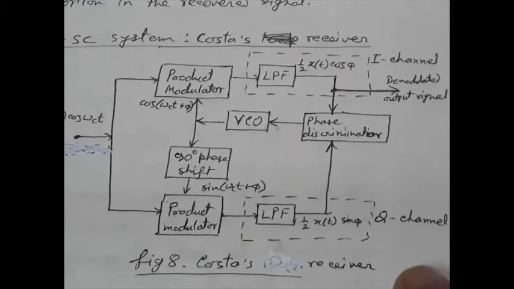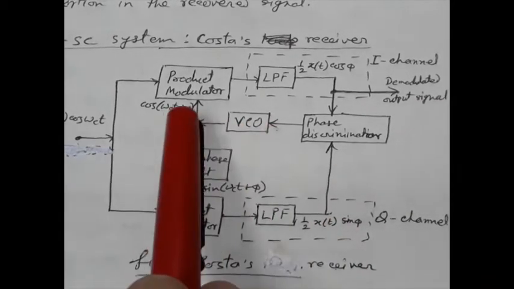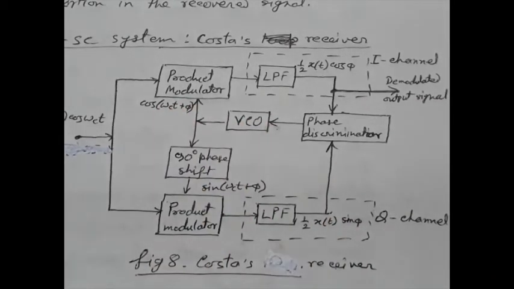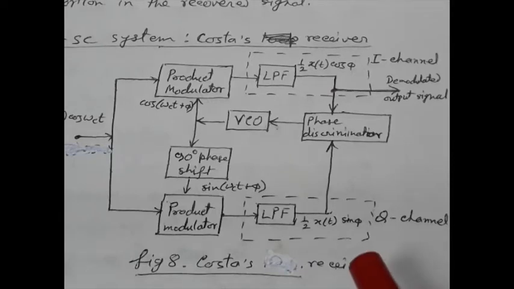Now assume that the local oscillator frequency drifts slightly. That is, phi is a very small, non-zero quantity. The I channel output will be almost unchanged.